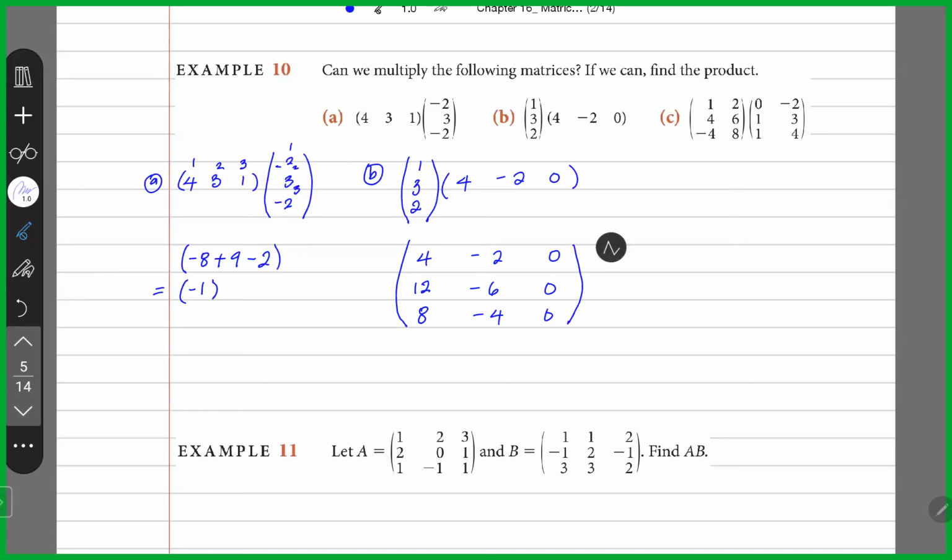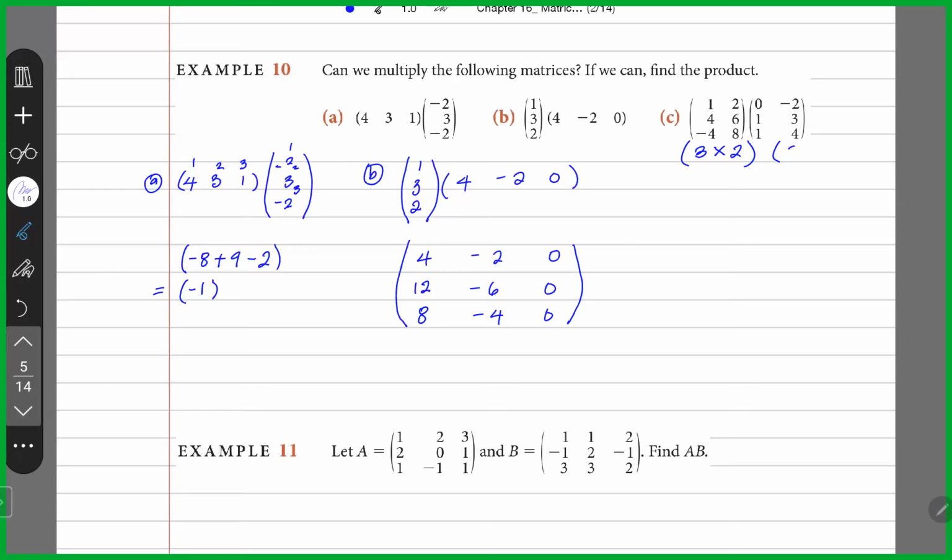If you multiply a 3 by 1 by a 1 by 3, you're going to get a 3 by 3 matrix.